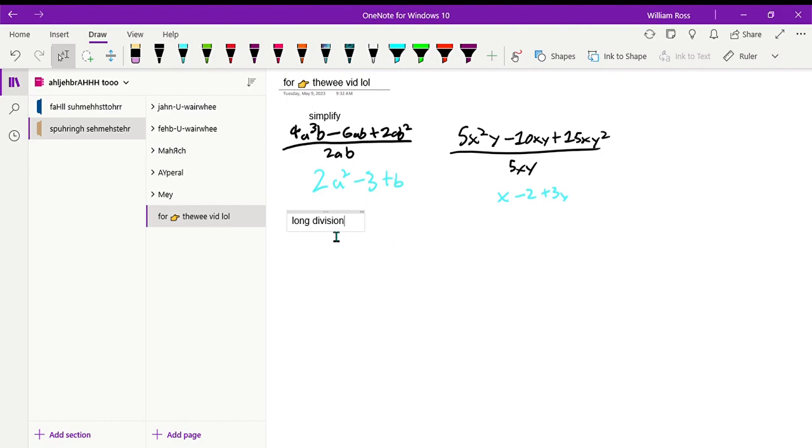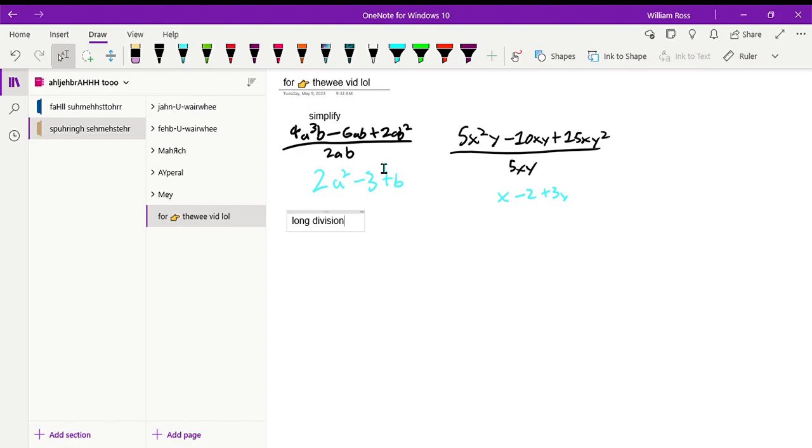Anyway, for long division, oh yeah, okay, so for the simplifying, I need to be a bit more specific here.